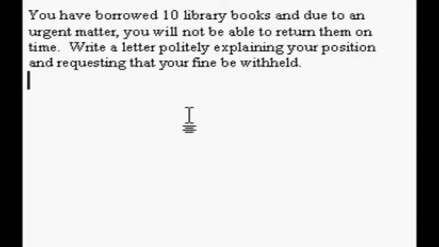Now, a fine is if you do something that's not allowed in some cases, like if you drive too fast, then you have to pay some money as a punishment. And the same thing is true at a library. So if you keep your book for too long, past when it's due, then you will have to pay a fine, which is basically a punishment for keeping your book too long.